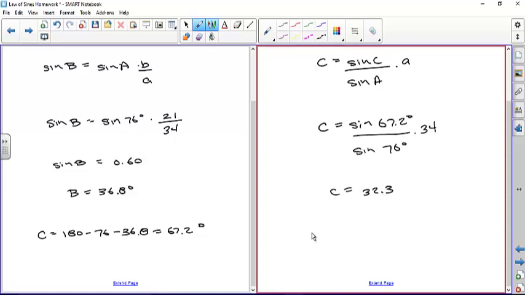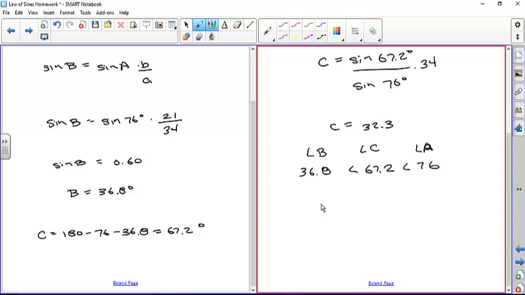So let's put the angles here in order of size. You got 36.8, and then the next bigger one is 67.2, and the next bigger one is 76. So those are the three angles. This is angle C. This is angle B. This is angle A. So the same thing should apply in terms of the lengths of the sides.